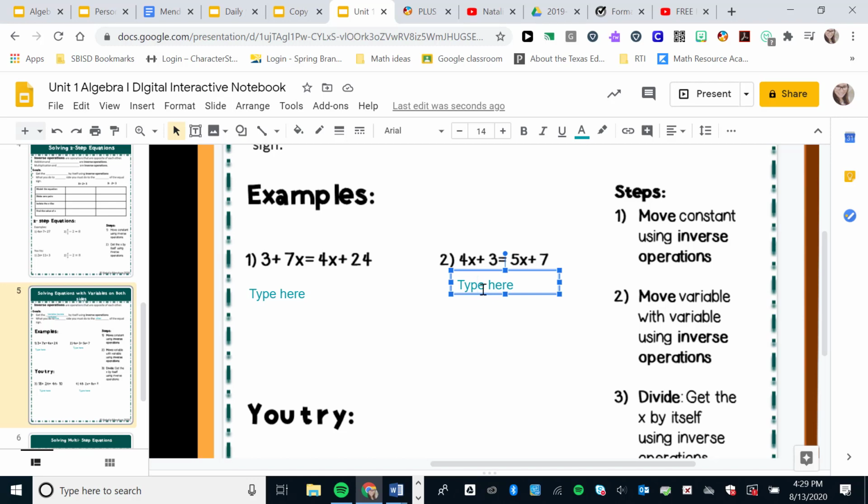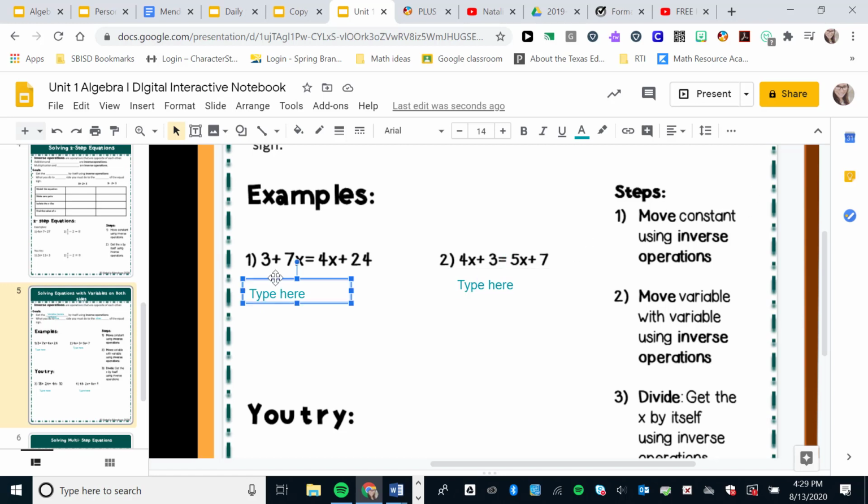So you want to move every number without a variable to one side first, and then the numbers with the variable to the other side, and then the last step is to divide by the number in front of the variable, and I'm going to show you exactly what I'm talking about. Okay, so we're going to move the constant.